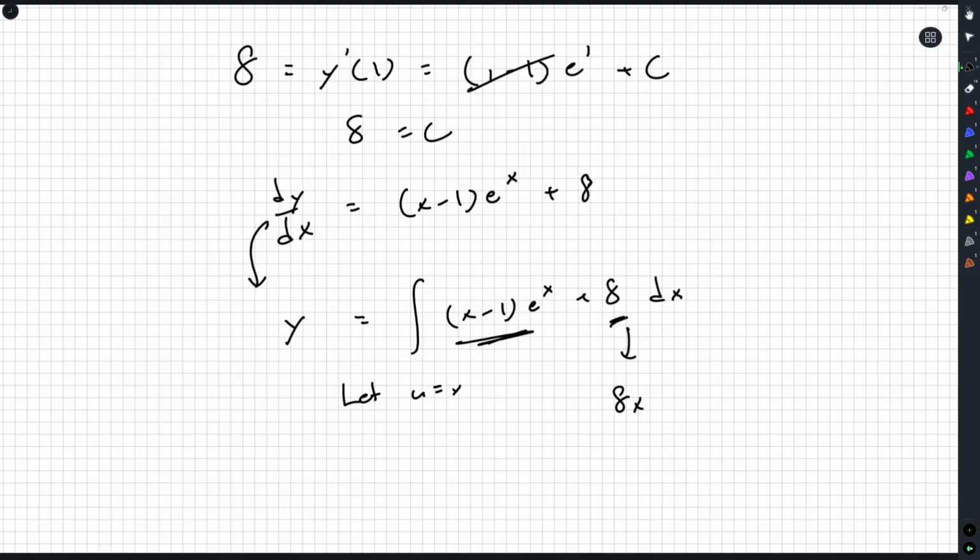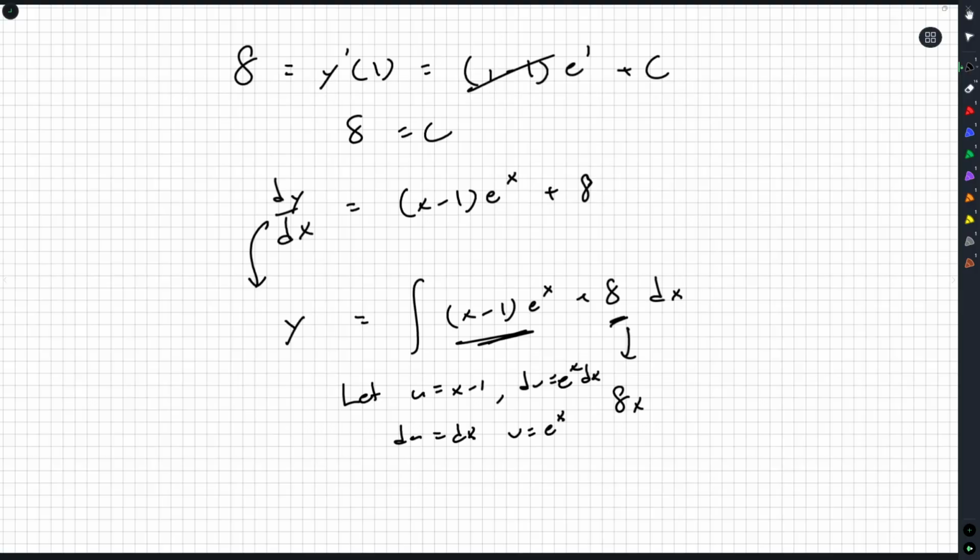We're going to let u be x minus 1 and dv be e to the x dx. So once again, our v is e to the x, and our du is just dx, because x minus 1 goes to 1. So we'll have uv minus the integral of v du, and then of course the plus 8x there, and then we'll have a new constant, a different c from before, but no harm in reusing the same letter.